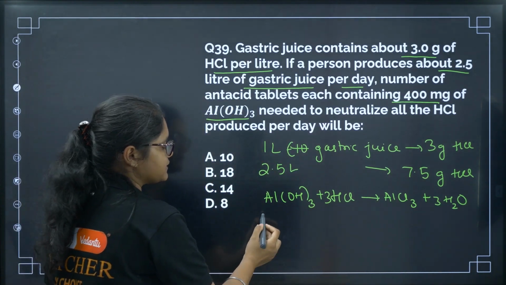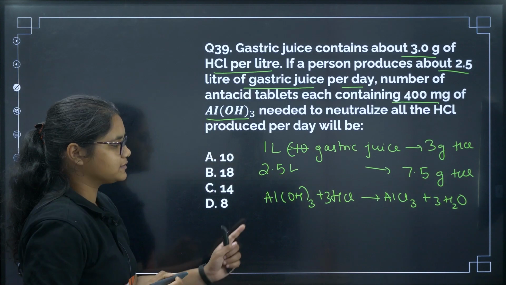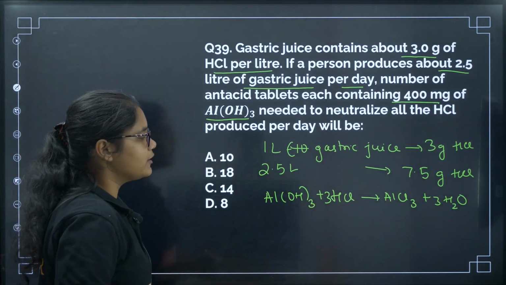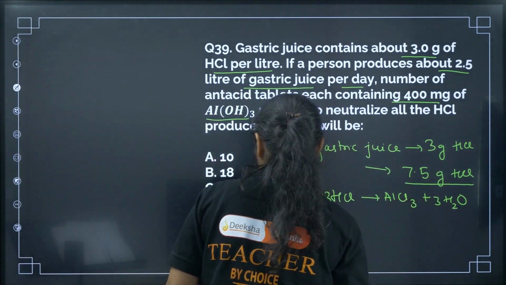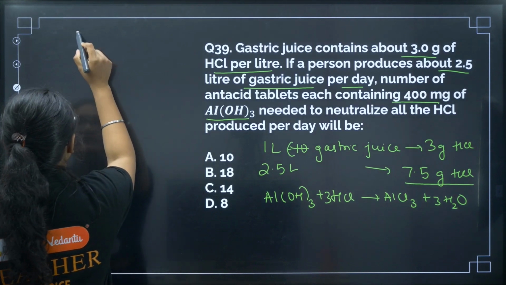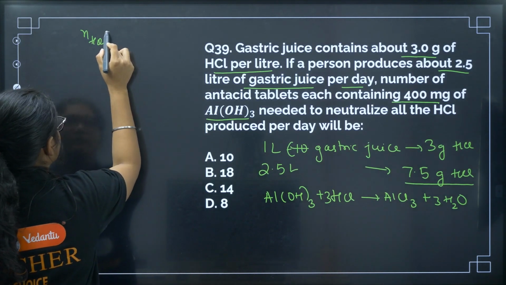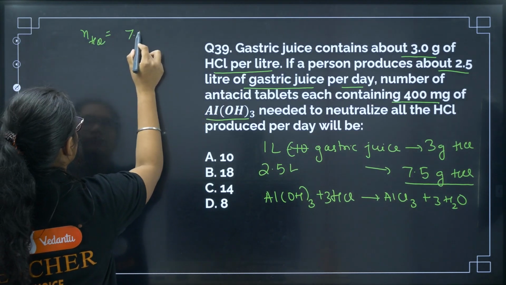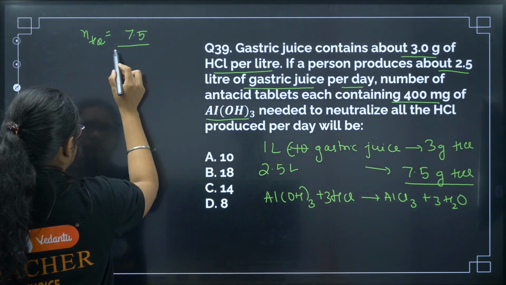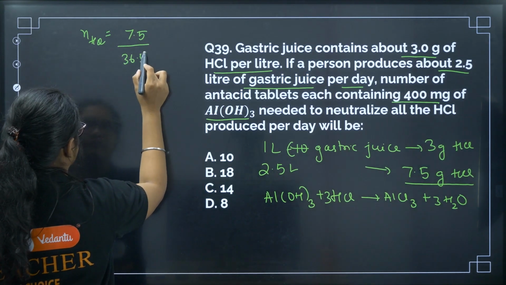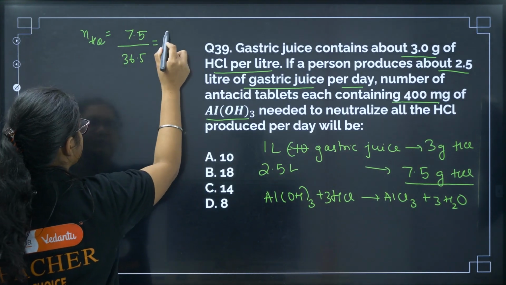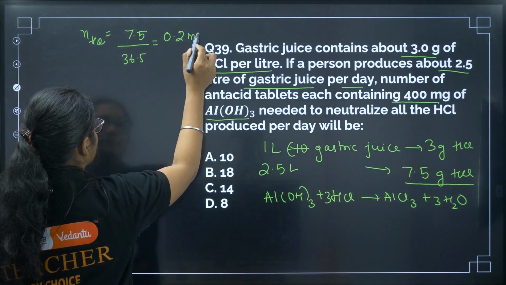So, according to this equation, 1 mole of aluminum hydroxide reacts with 3 moles of HCl. Now, let us find out the number of moles of HCl here. So, number of moles of HCl will be given mass, that is 7.5 by molar mass is 36.5. So, if you solve this, we will be getting around 0.2 moles.